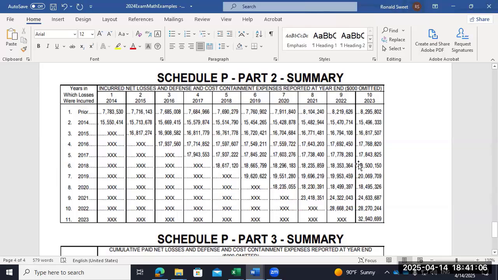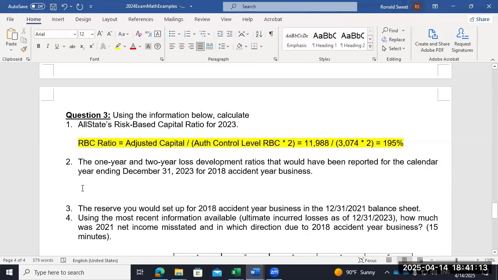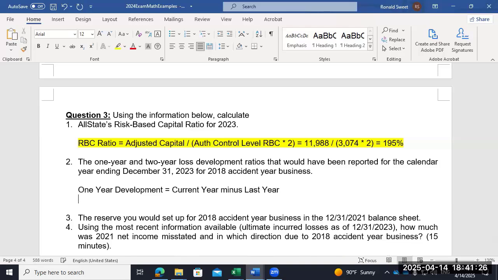The key for loss development is take the current year and subtract the prior year. So the 1 year development is going to equal current year minus last year, and the 2 year development equals current year minus 2 years ago.